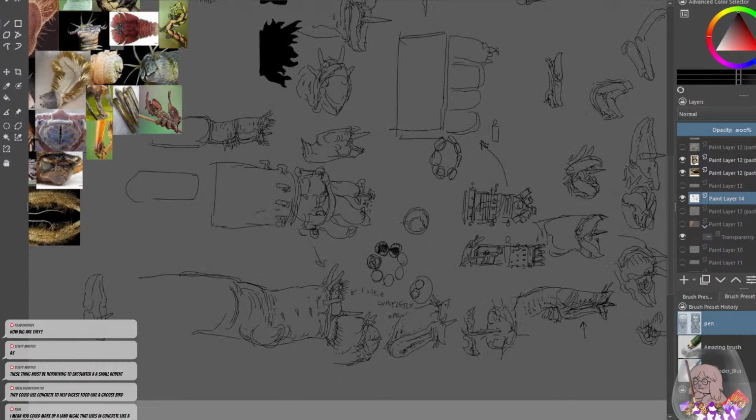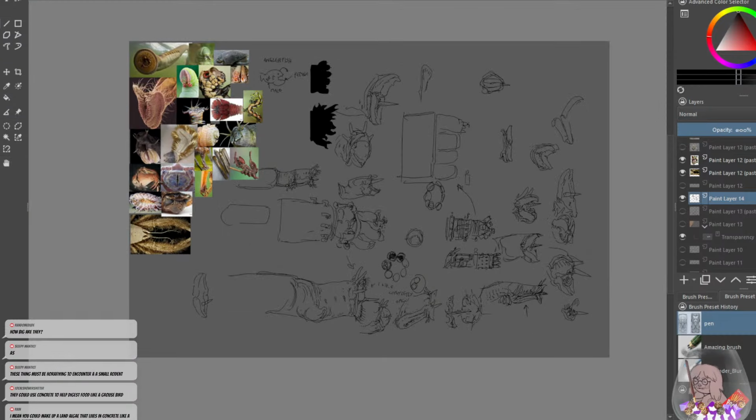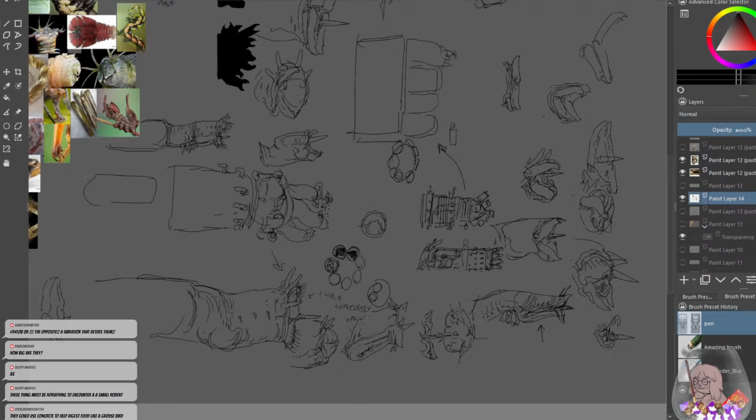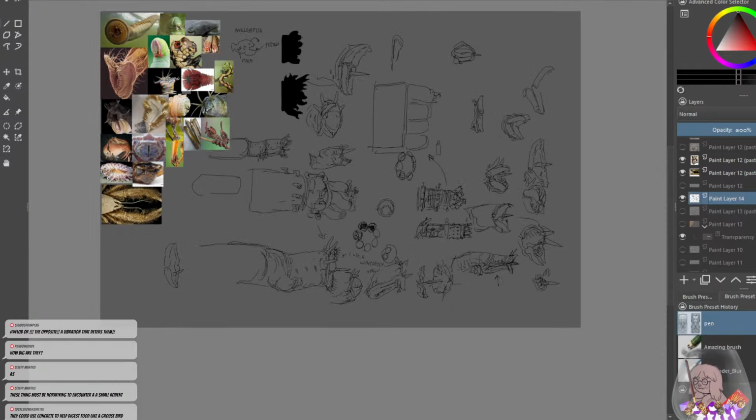How big are they? Pretty big. I'd say like a forearm at least. I want these guys pretty big. Because the thing is, if I made them too small, they wouldn't be able to be used on drills. And also, they just wouldn't really add anything substantial to the world. I'm investing time into designing them, so I really need them to be big enough to actually show off that design, you know?